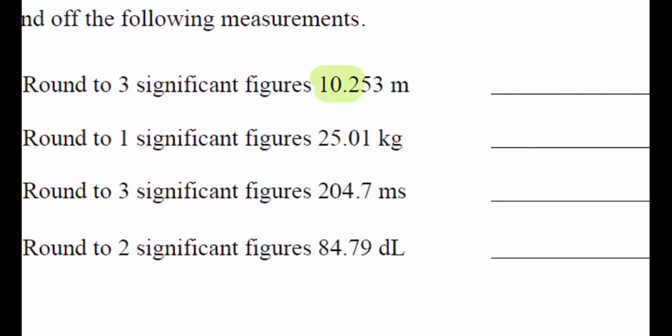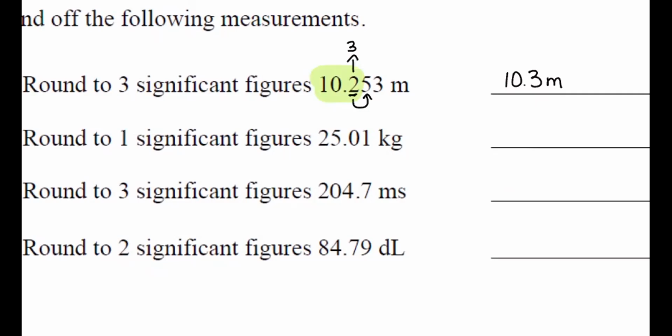Now because the 2 is next to 5, that 2 is going to change to a 3. And in this instance, the rest of the digits are dropped. So when I round this measurement to 3 sig figs, the final answer is 10.3 meters. Great job in the chat.